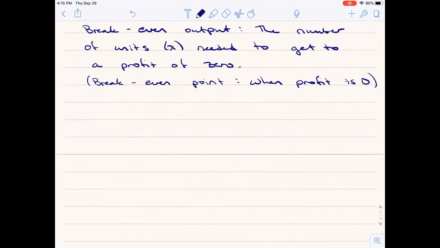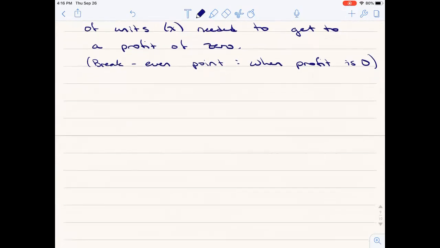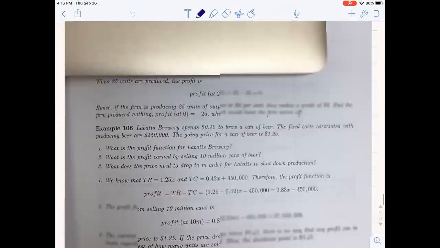We already did this once, right? We forced the profit to be 0. I think we did. Can't quite remember, but at some point, I think we forced the profit to be 0 and solved for X, right? Or something similar. We forced the profit to be 20,000. I remember that. And then we solved for X. Same idea. So let's do example 108.